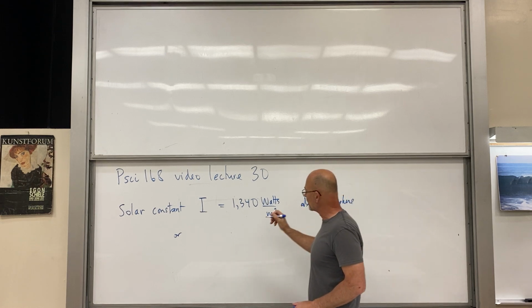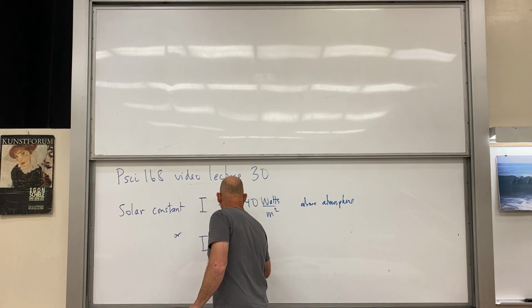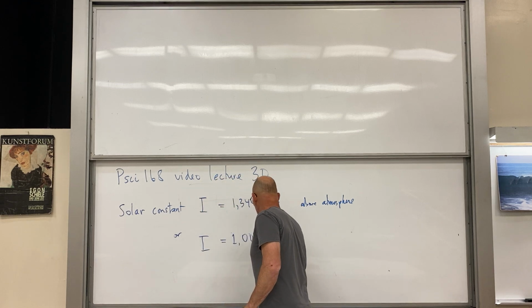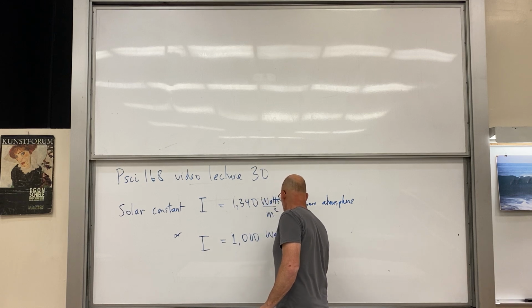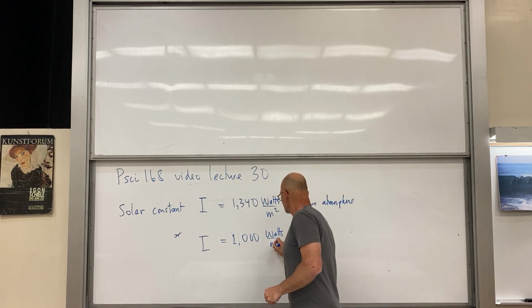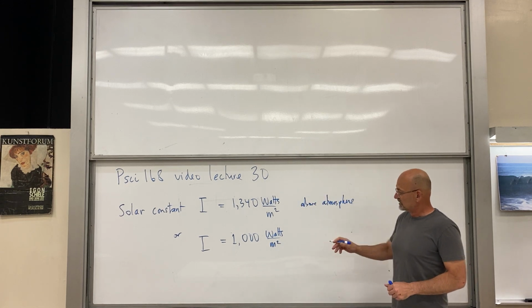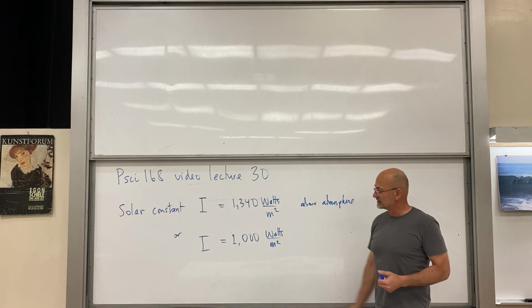So when we want to do our estimates and things, we can just use 1,000. That's a nice round number. Either way, that's quite a bit of energy. That's quite a bit of power per square meter.